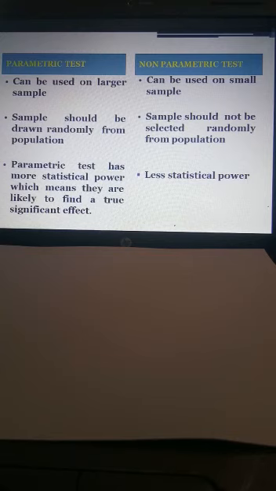And the last difference is that the parametric test has more statistical power.